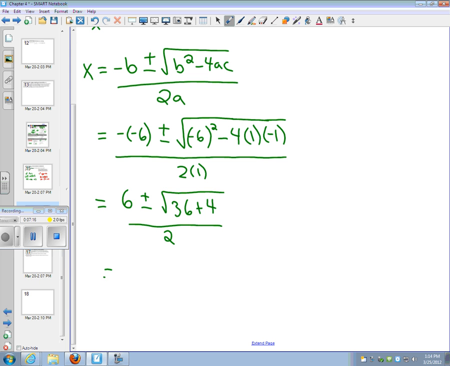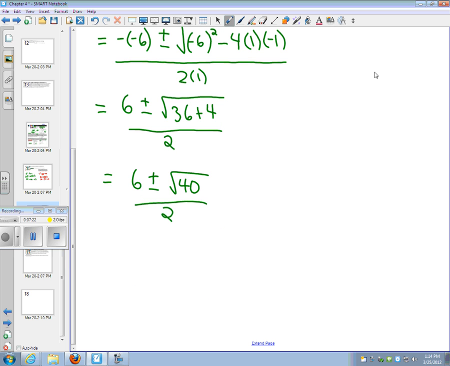Okay, this is 6 plus or minus the square root of 40 divided by 2. We can simplify 40. I can say the square root of 40 is the same as the square root of 4 times 10.